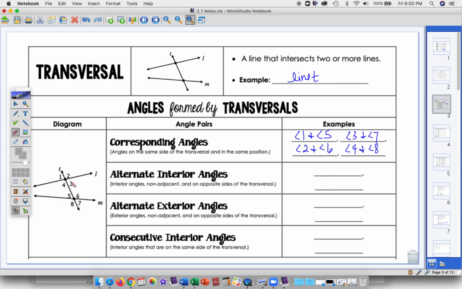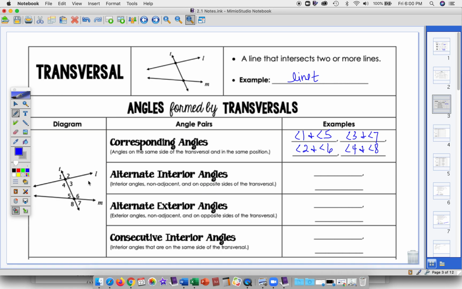So 3 and 4, they cannot be alternate interiors. They're interiors, but they're adjacent. Okay. 3 and 6, they are not alternate interiors. Again, they're interiors. They're not adjacent, but they're not on opposite sides of the transversal.